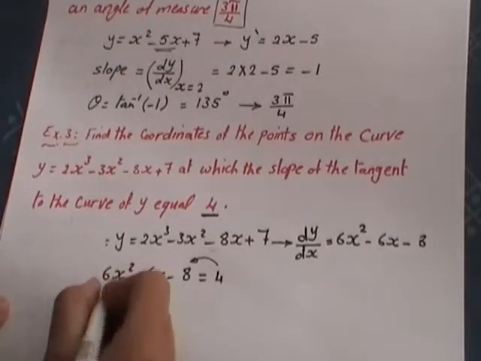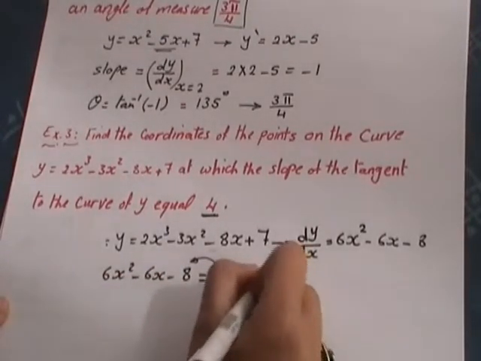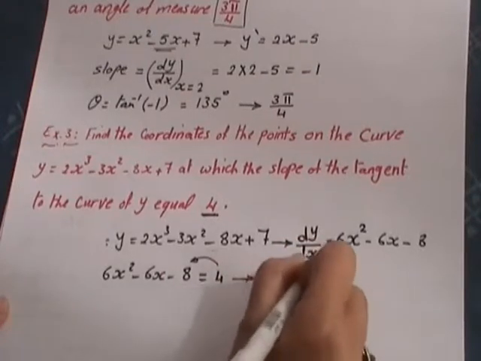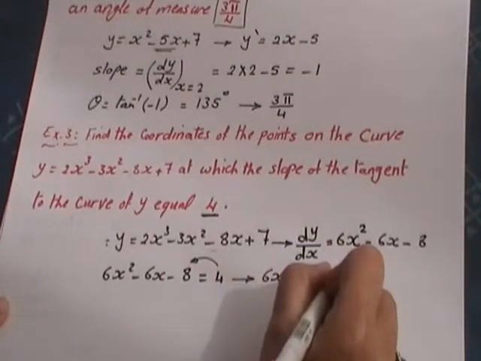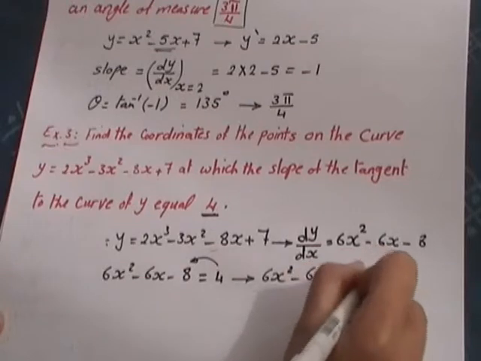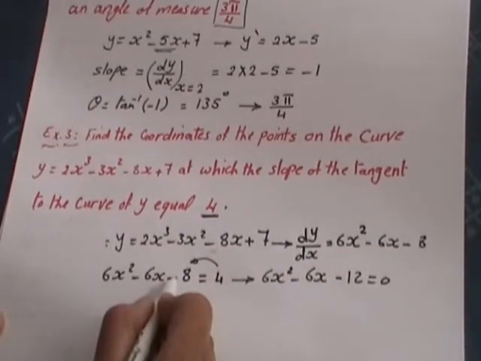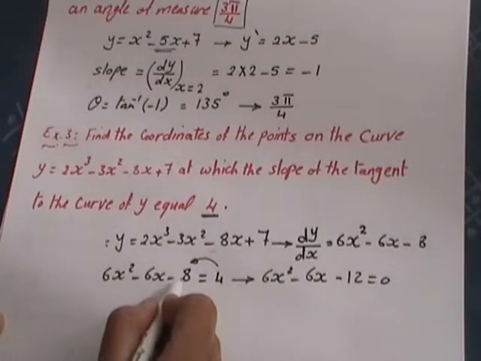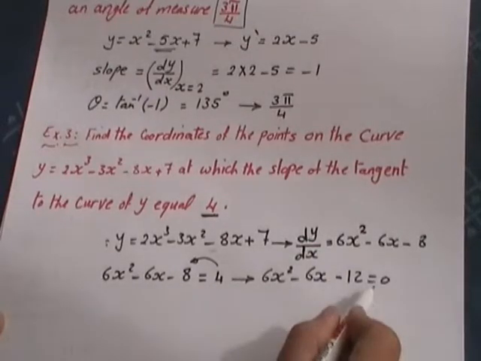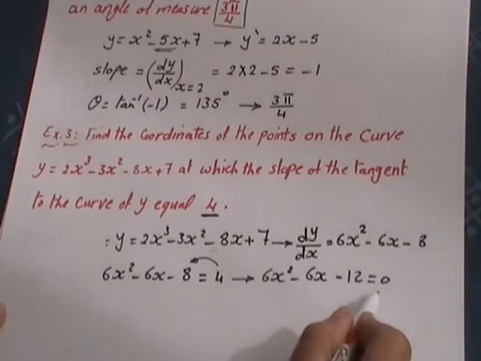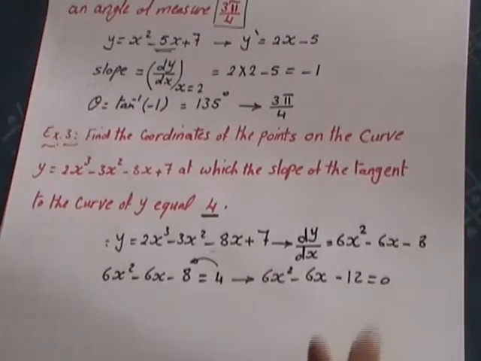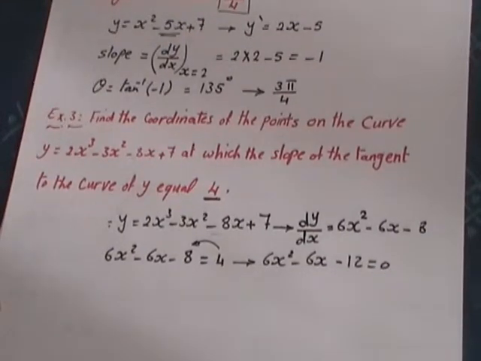So we put the equation in the form 6x power 2 minus 6x minus 12 equals 0, because taking the 4 to this side with the negative 8 gives negative 12. This equation is called a trinomial equals 0. We must factorize this equation to find the value of x.